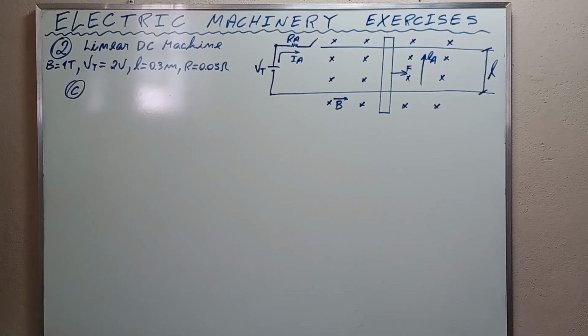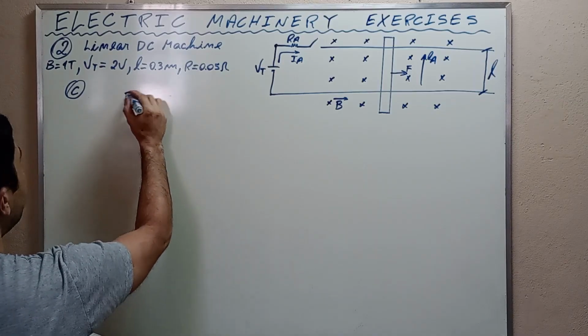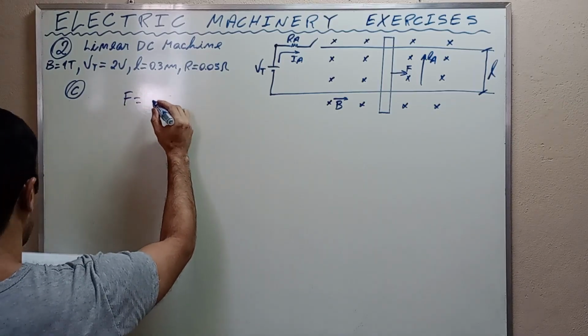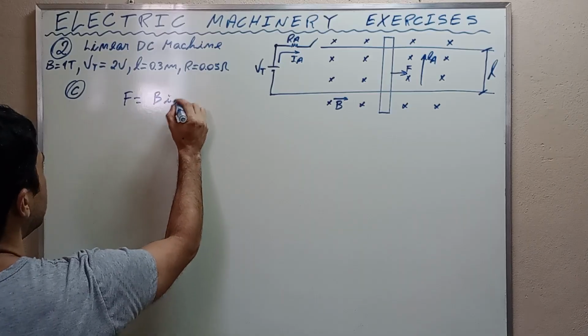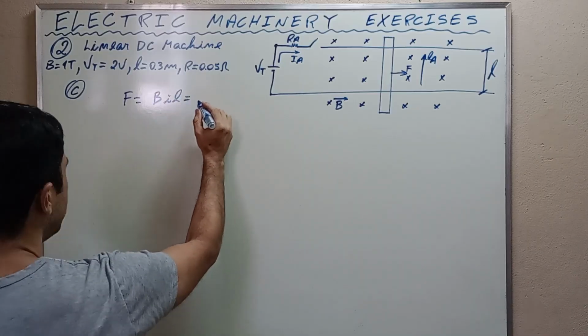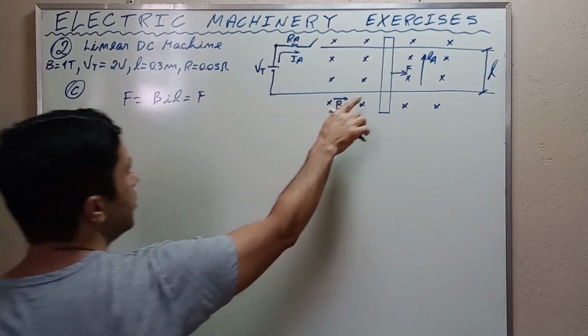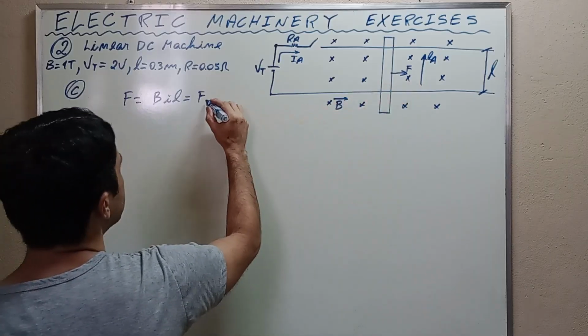Thus, the machine operates as a generator rather than a motor. In steady state, the force induced by the field is directed to the left and equals the pulling force. Therefore, F is equal to B times I times L, which is equal to the pulling force.